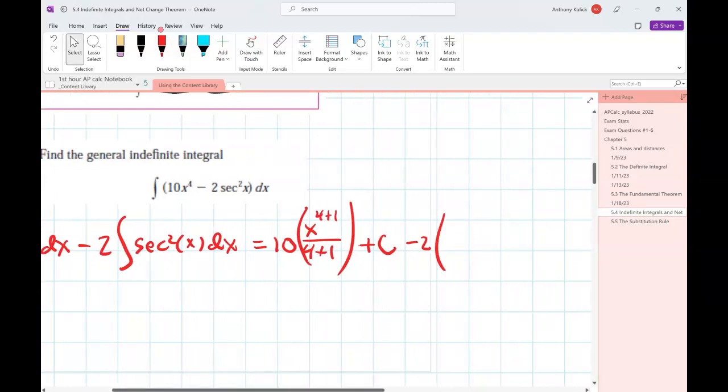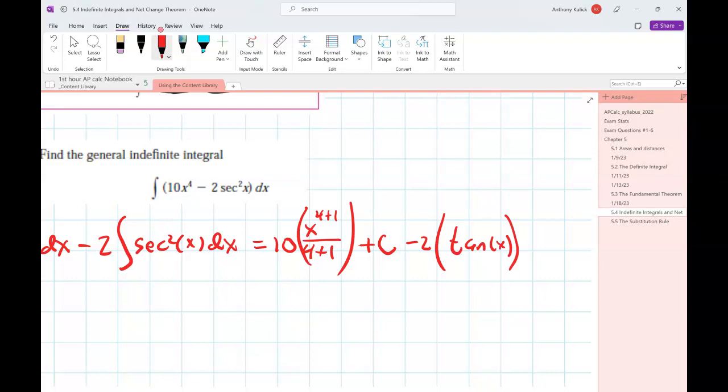The antiderivative of secant squared is tangent. Excellent. And again, we have plus c. Now, technically speaking, they are not the same constant. Probably I call one c1 and the other c2. But here's the thing. When I add c1 and c2, what am I going to call that?